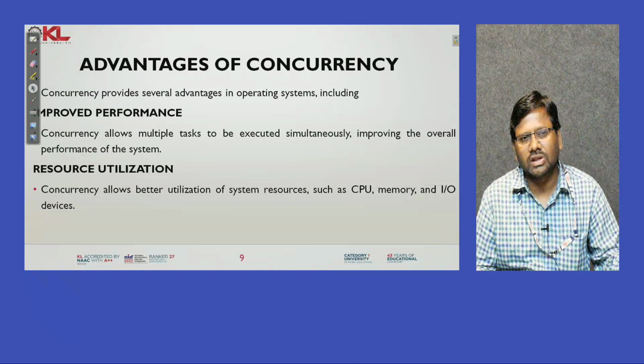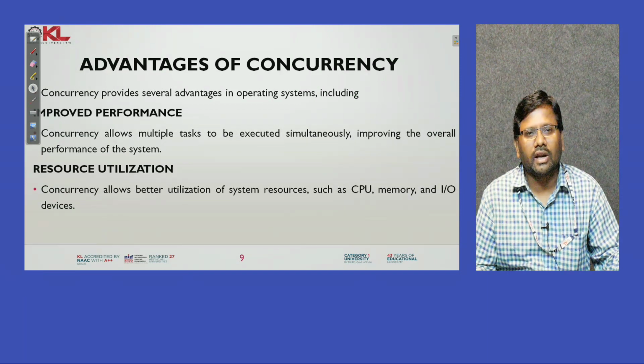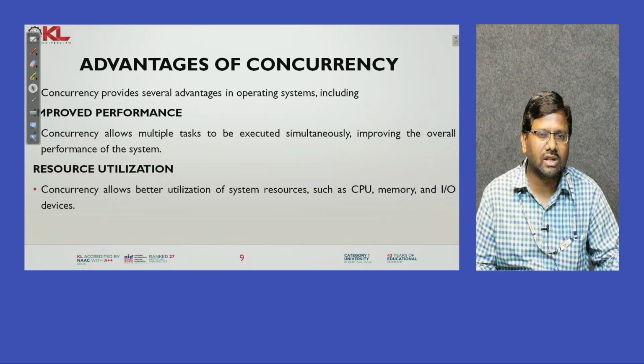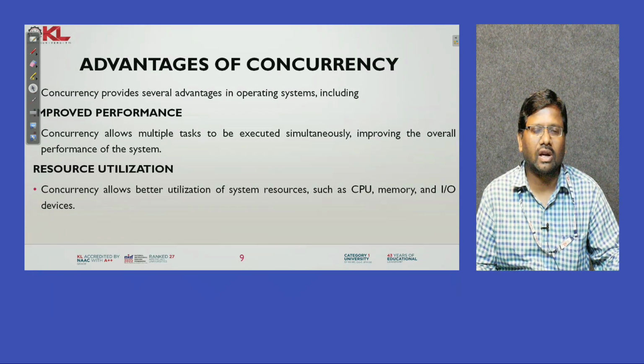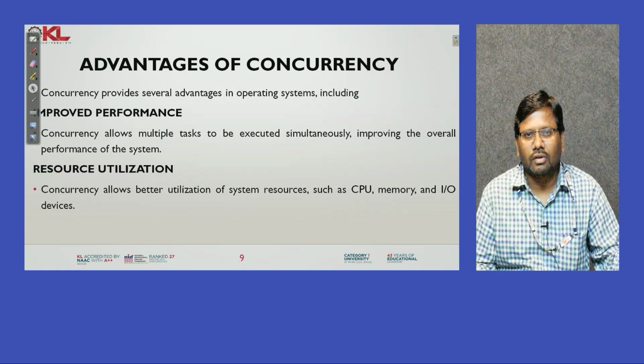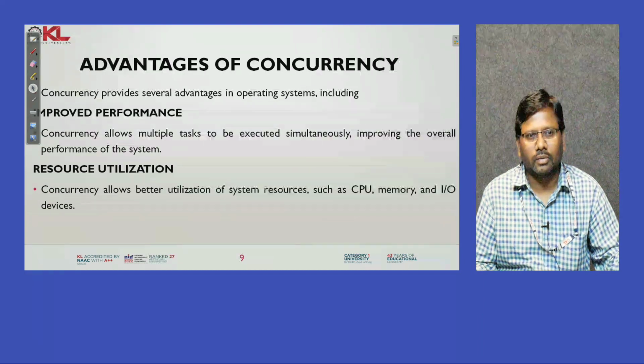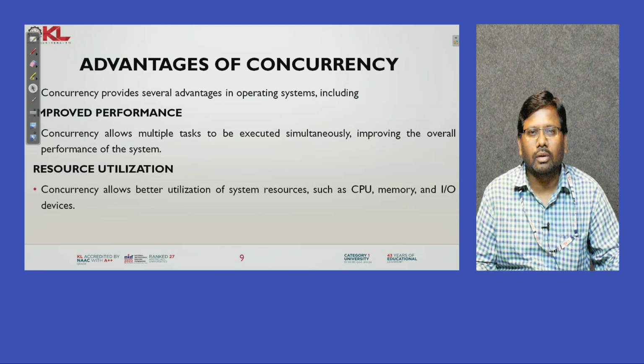Now here we have to discuss the concept of concurrency. Why has the concept of concurrency arisen? In order to carry out multiple tasks, there should definitely be certain advantages. What are they? If processes and threads work together, that leads to performance enhancement.